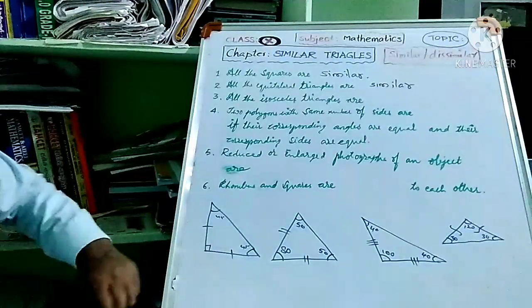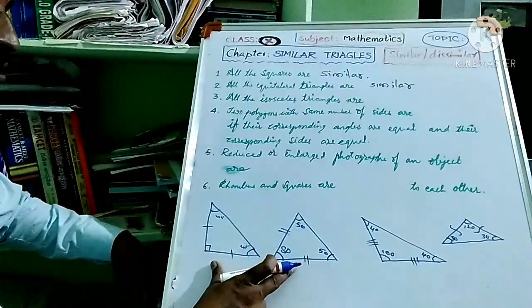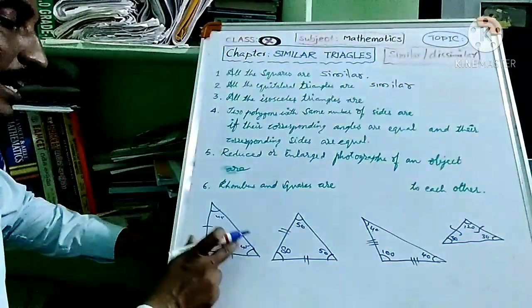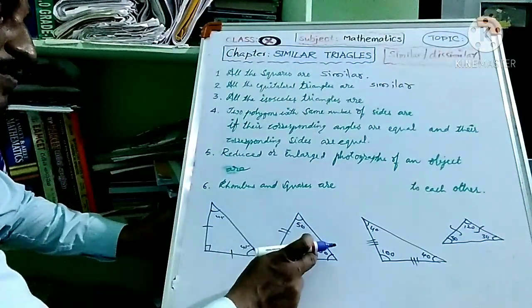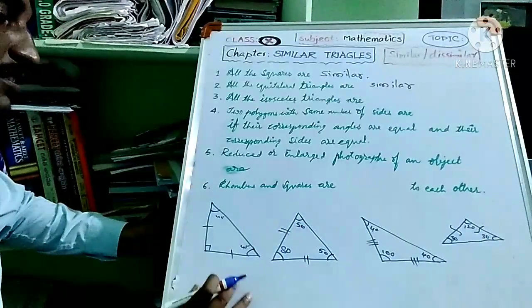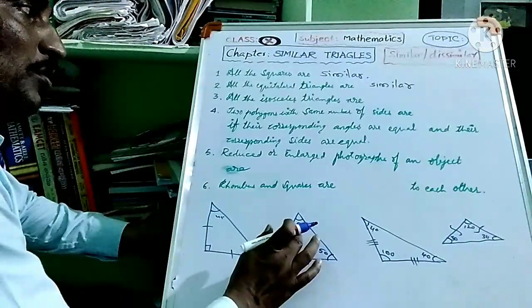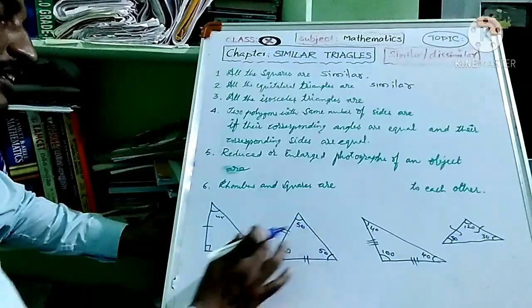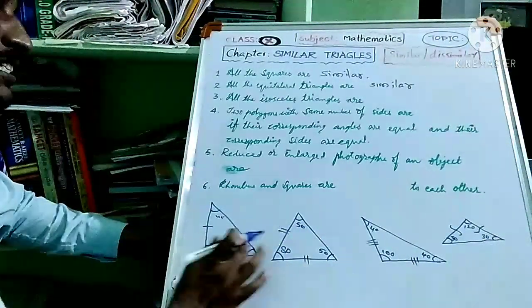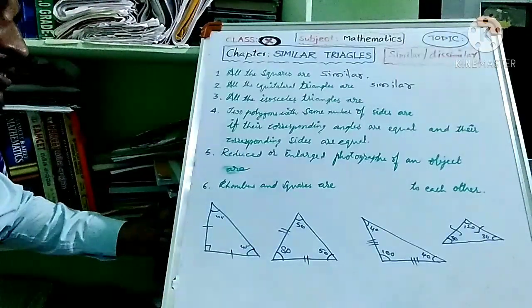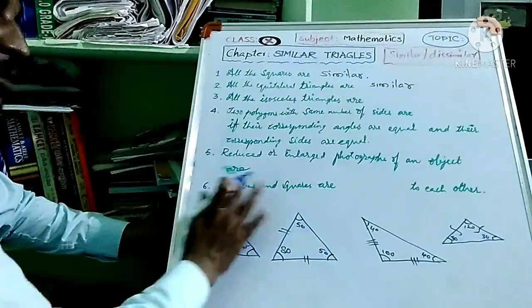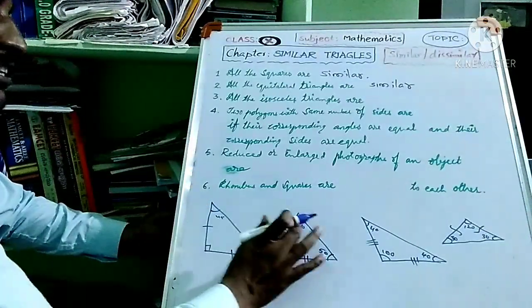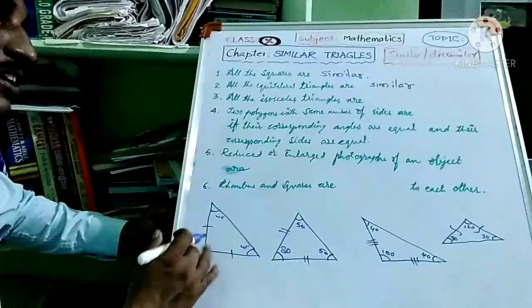So what do you observe? In these two triangles, 45, 45 equal angles, so it is an isosceles triangle. 50, 50 equal angles, so it is also an isosceles triangle. Now comparing these two isosceles triangles, 45 and 50, 45 and 50, 90 and 80, the corresponding angles are not equal.